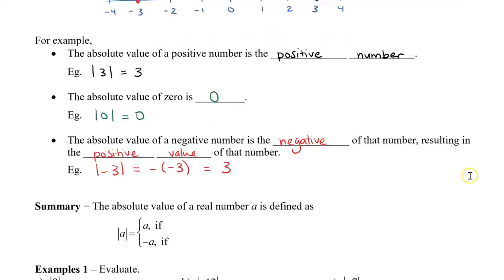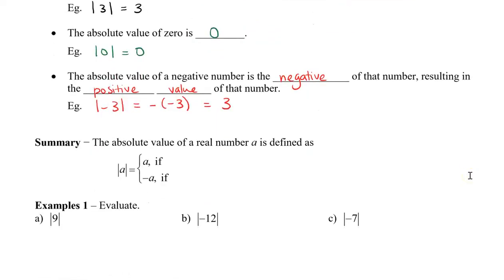All right, let's summarize this. We can say that the absolute value of a real number a is defined as, and we draw the symbol |a|, and that equals, and we're going to branch this off with the curly brackets into a and negative a. So the absolute value of a will equal a if a is a positive number, greater or equal to 0.